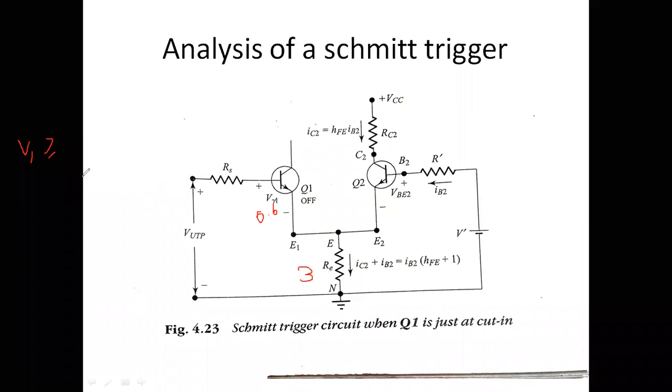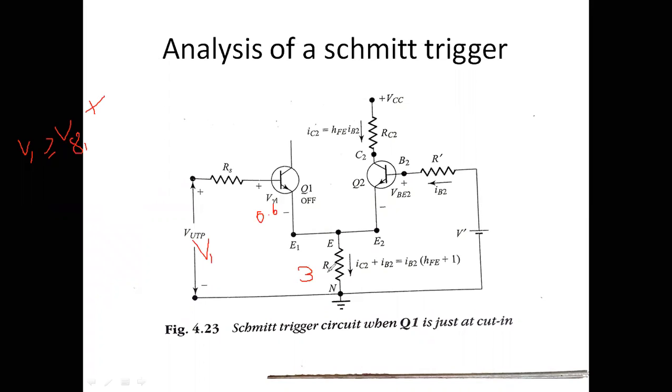Therefore that is what I am writing in the expression. The input voltage there we have taken as Vs. If we have a voltage V1 here, the voltage should be greater than the cut-in voltage V gamma of your first transistor plus the voltage across this resistor, that is the RE resistor.